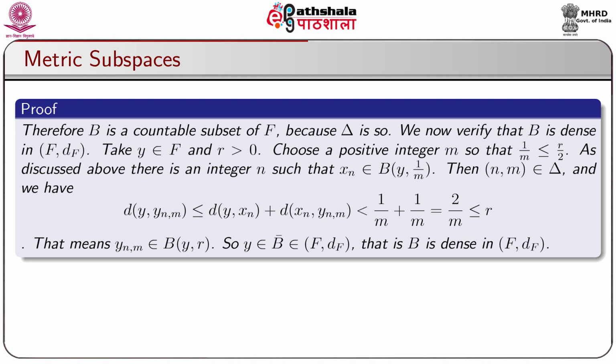As discussed above, there is an integer n such that xn belongs to the open ball B(y, 1/m). Then (n, m) belongs to delta, and the metric d(y, y_{n,m}) is less than or equal to d(y, xn) + d(xn, y_{n,m}), by the triangle inequality of the metric axioms, which is strictly less than 1/m + 1/m = 2/m, which is less than or equal to r, because we assumed 1/m is less than or equal to r/2.